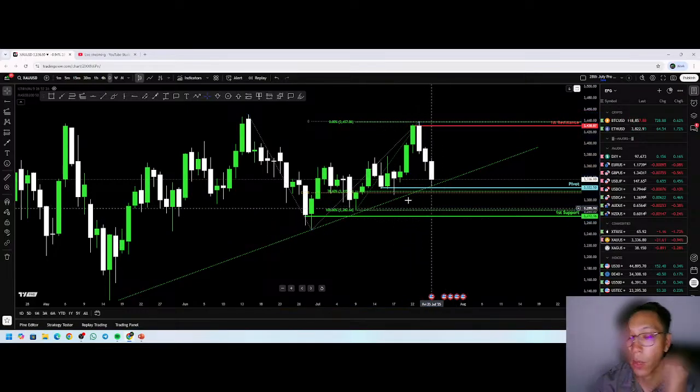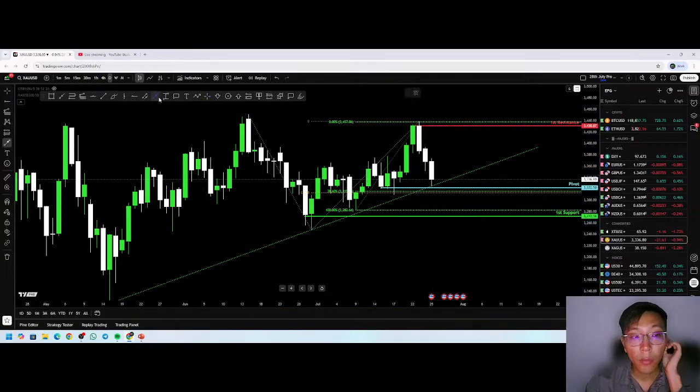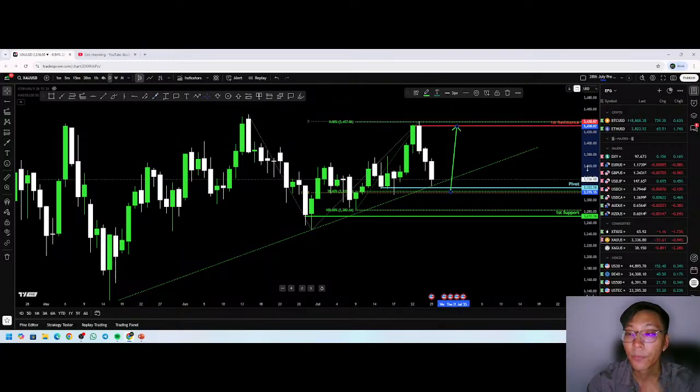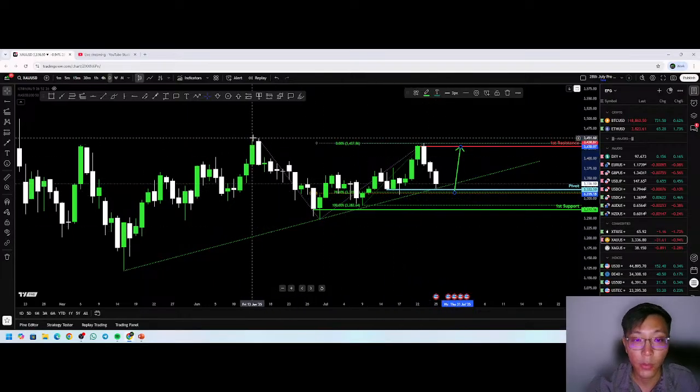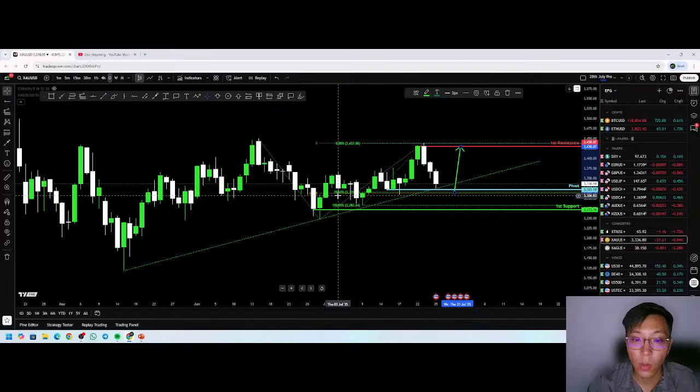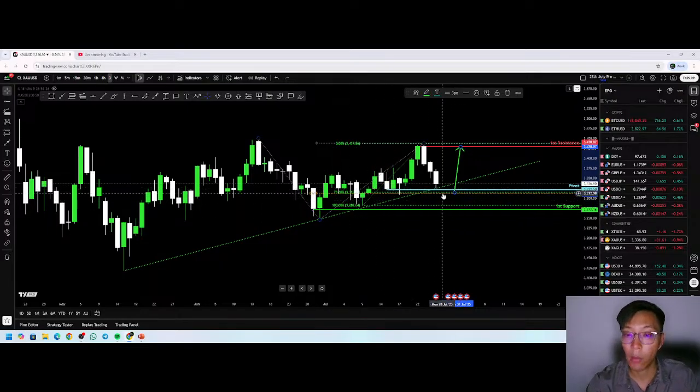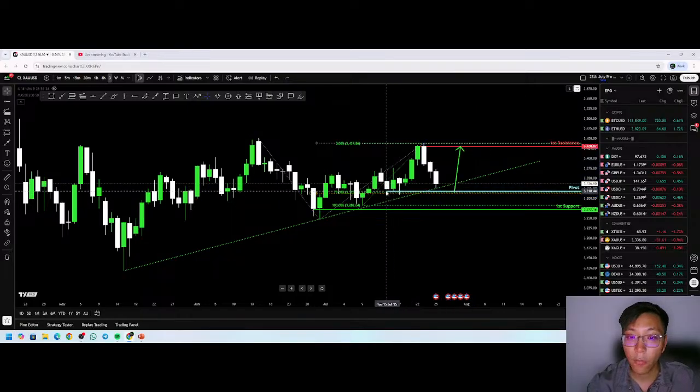Okay, so this is what we are looking at for gold. Right, this could be a potential strong trade right here. It might be a bit confusing, right? But basically we are using projection as well as Fibo retracement to mark out our level for buys.